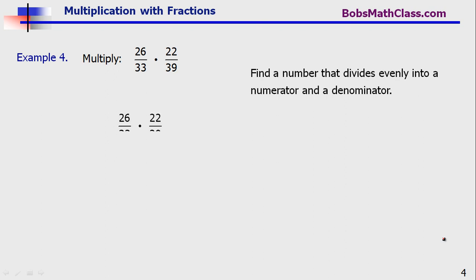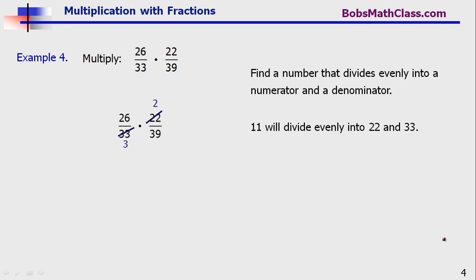That's right, 11. 11 will divide evenly into 22 and 33. So divide 11 into 22 and 11 into 33. So 11 goes into 22 twice, and 11 goes into 33 3 times.